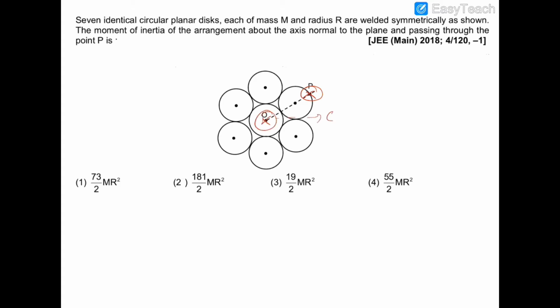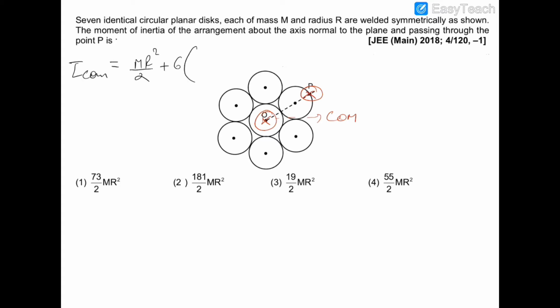We know that this is the center of mass of the system. This is COM. And if we have to find out the total moment of inertia of the system about COM, that would be equal to m r square by 2 for the central disk, and for all other disks, which are 6 disks, 1 2 3 4 5 6, I can write it as plus 6 times of any one disk.